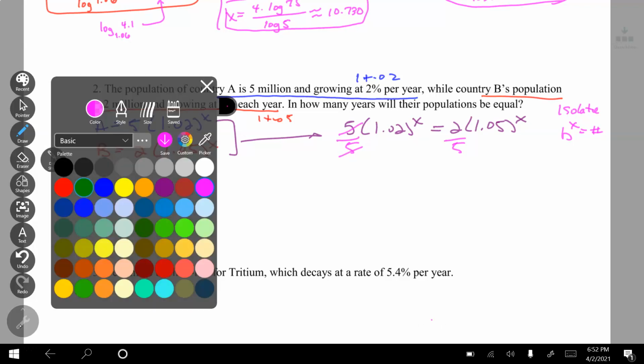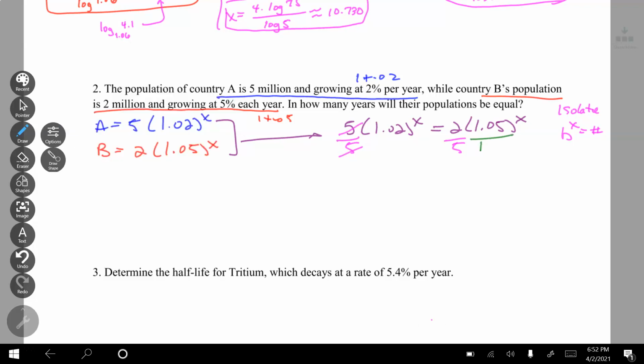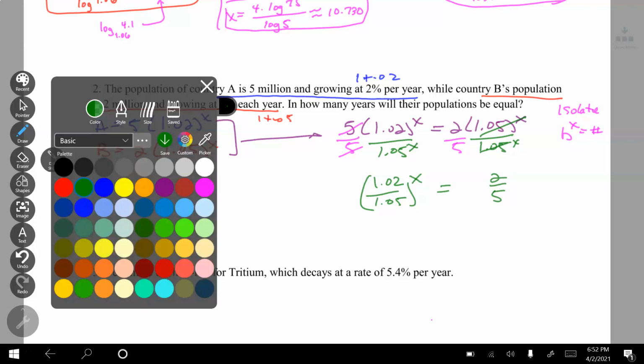And then I'm going to divide by 1.05 to the x, and these two cancel out. And when I rewrite this, I have 1.02 over 1.05, both raised to the x, is equal to 2 over 5. You can just leave it as a fraction.